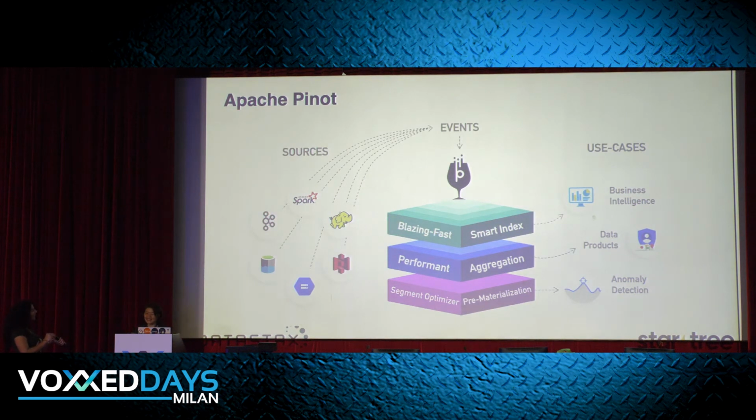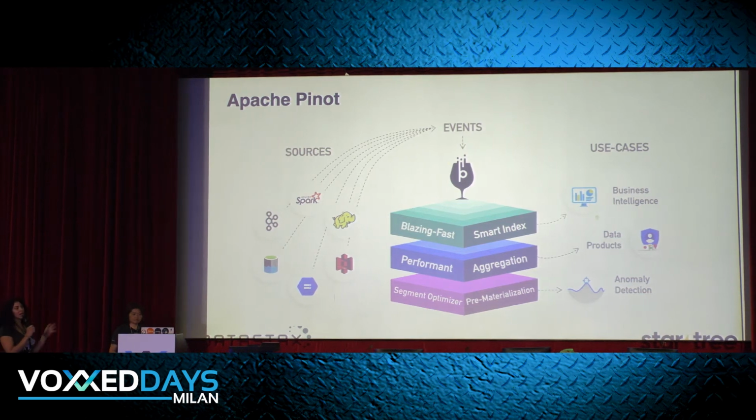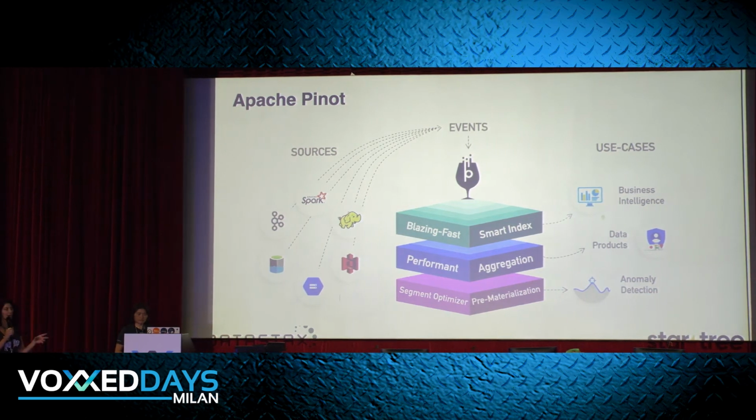On the other side of the coin, Apache Pinot is an OLAP distributed data store. It was originally built at LinkedIn. What it's built to do is ingest data from a variety of different sources, like streaming and batch, and pull it into one merged aggregated view.